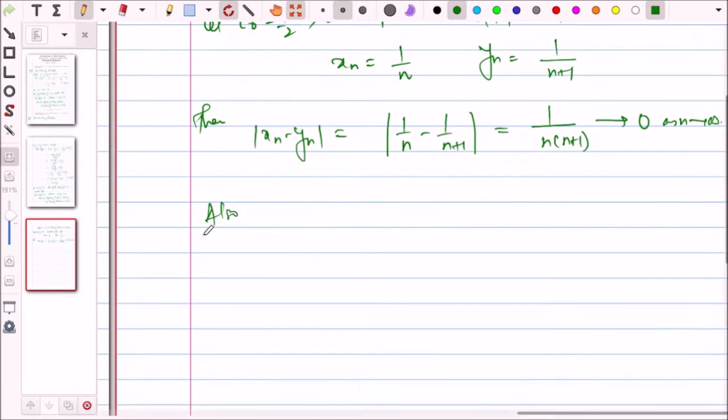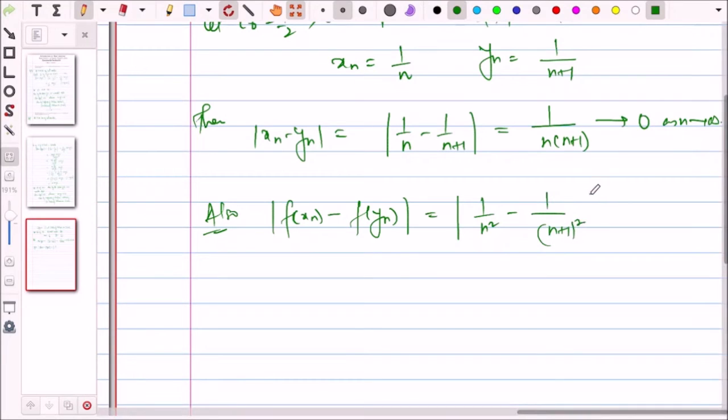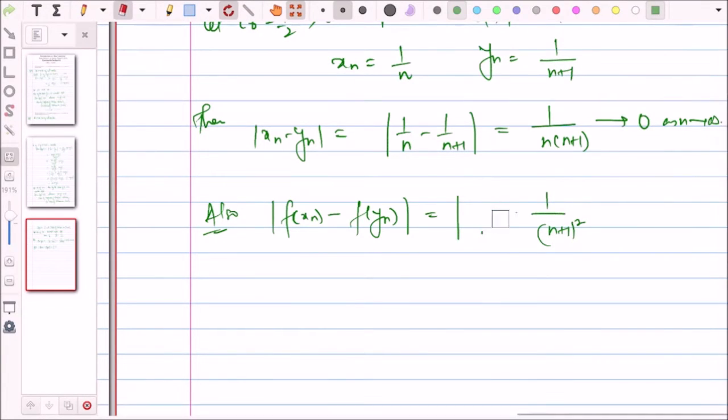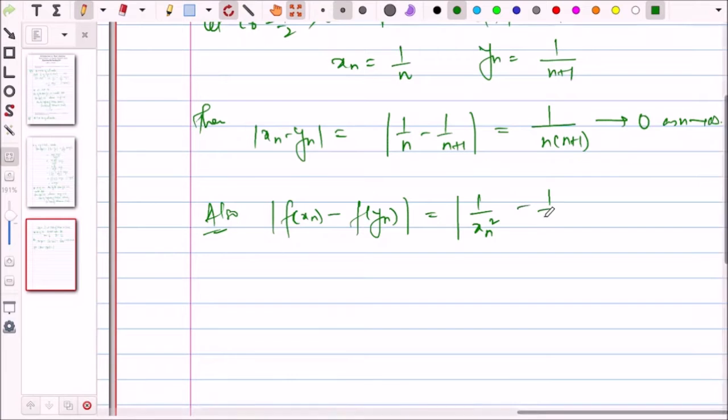Also, f of xn minus f of yn is equal to 1 by xn square minus 1 by yn square, which is n square minus n plus 1 whole square.